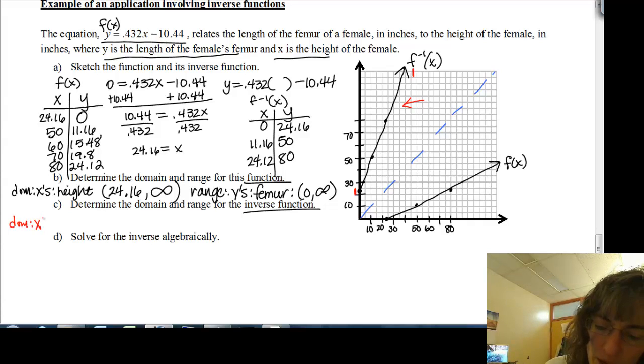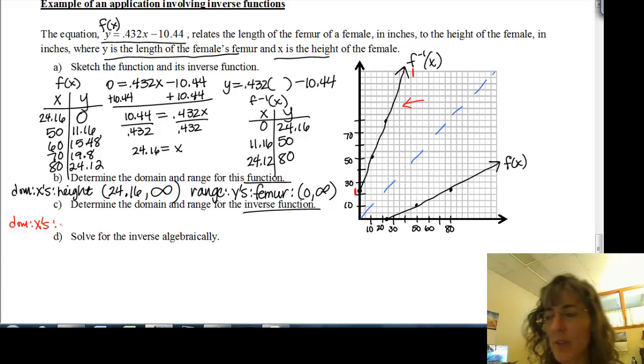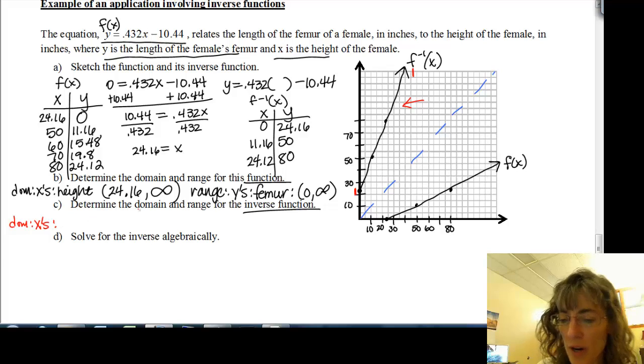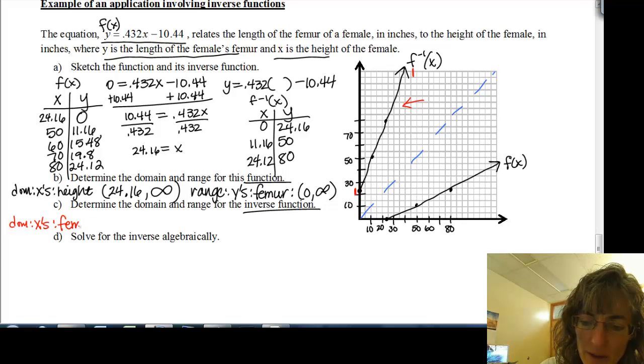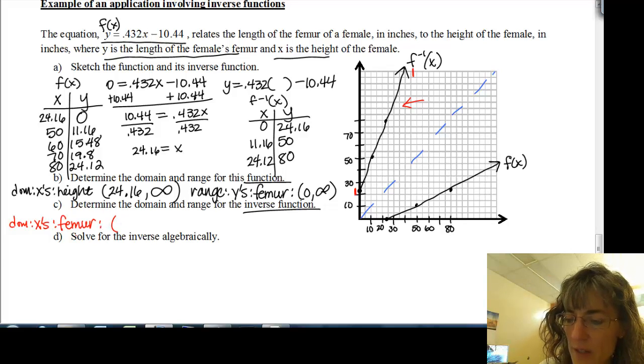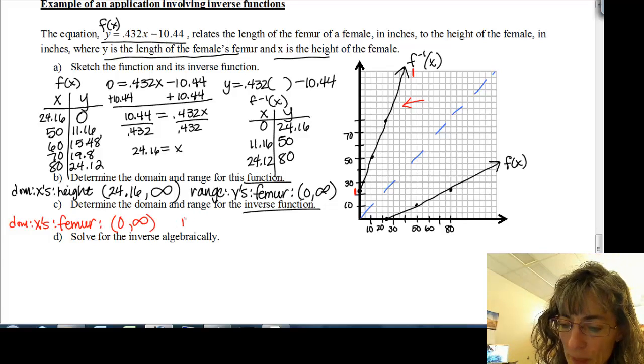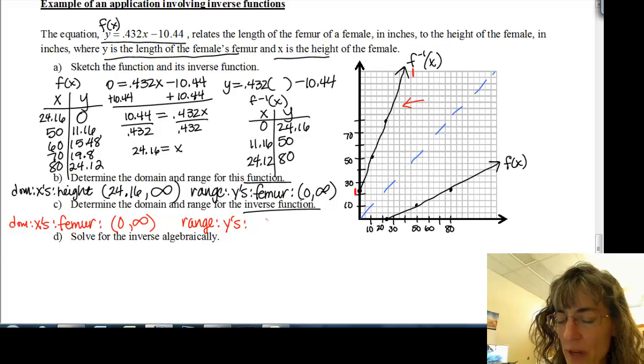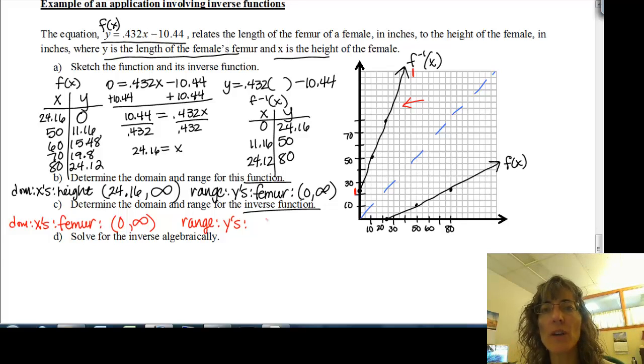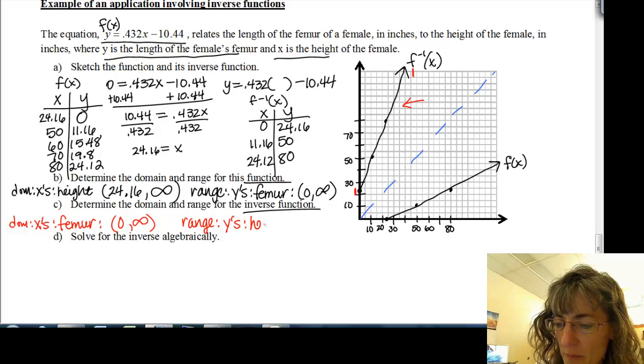So for this one, the domain, that's in the x's direction, and for the inverse function, remember we swapped our y's with our x's, so now our x's are the femur length, and that means that our domain is the lengths that we can have for a femur, so it's 0 to infinity. The range for the inverse is the y's still, but since we swapped our x values and our y values, our inverse function has whatever the original function had for the x's.